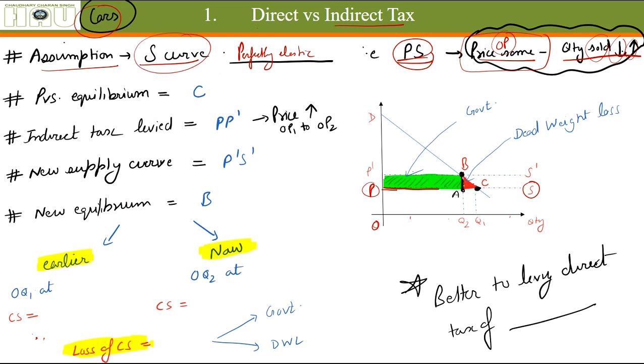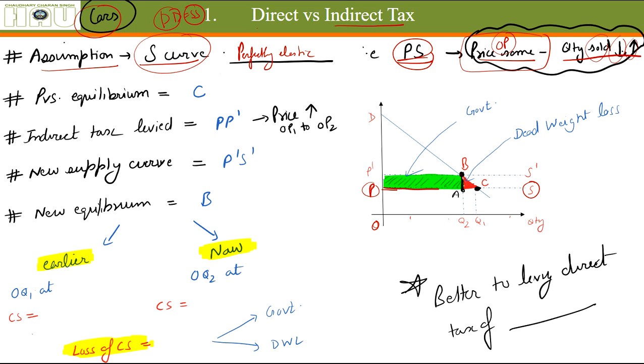Equilibrium comes when demand is equal to supply. Wherever the demand curve and supply curve meet, that gives the equilibrium price and equilibrium quantity.